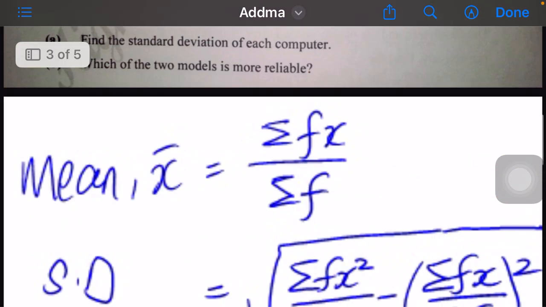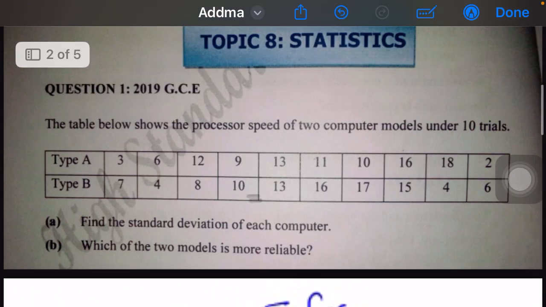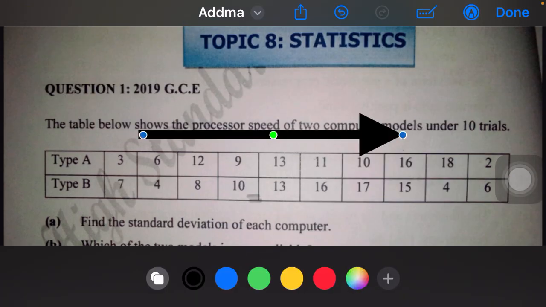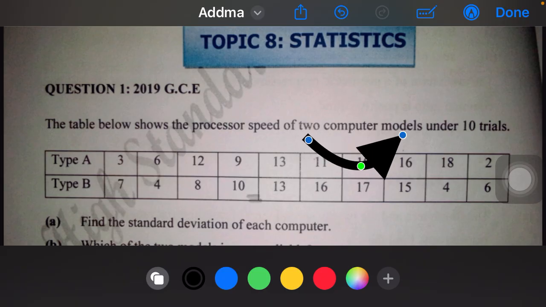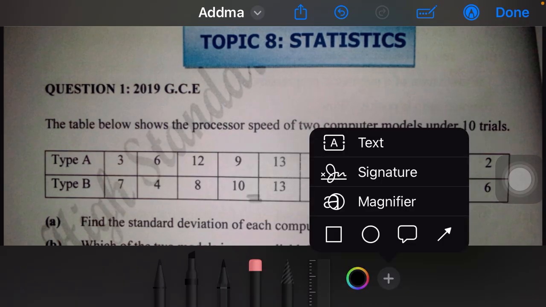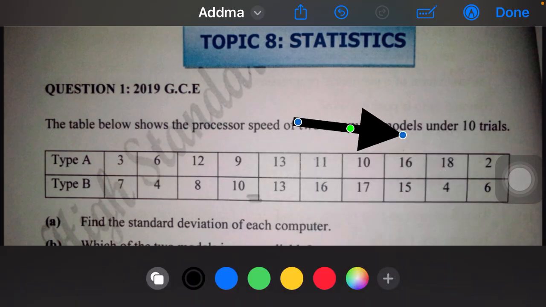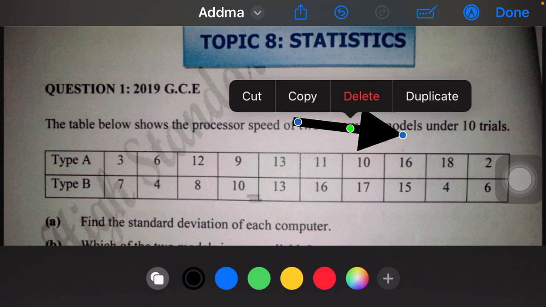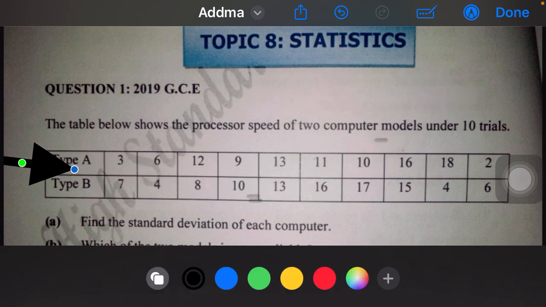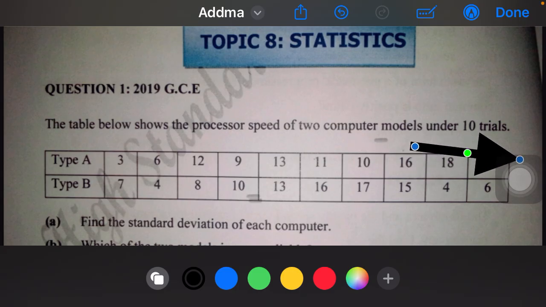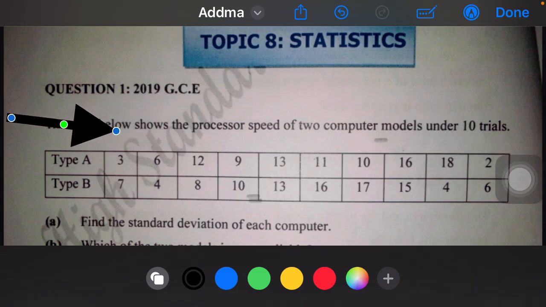For example, let's look at the question here. Firstly, we're going to find the SD for computer type A. For type A, we need to find the mean, and we know the mean is equal to the sum of all the terms divided by the number of terms.